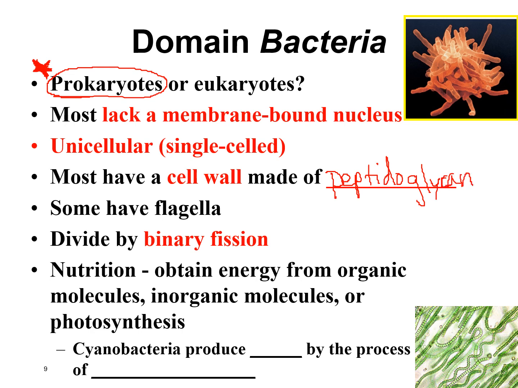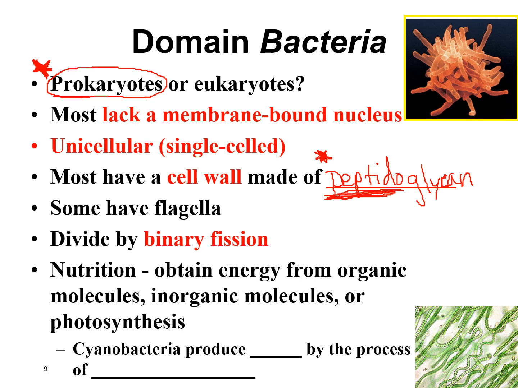And peptidoglycan is really important. We're going to be talking a lot about that in chapter 3. If we look at the word peptidoglycan, thinking about what two types of organic molecules peptidoglycan is made out of, if we break down the word: peptido, what do you suppose the organic molecule being referred to is there?